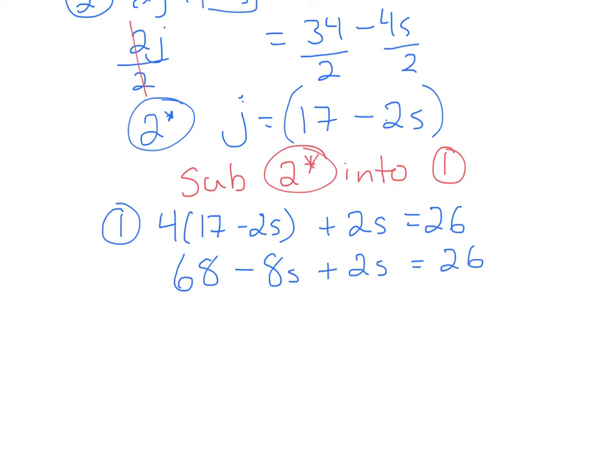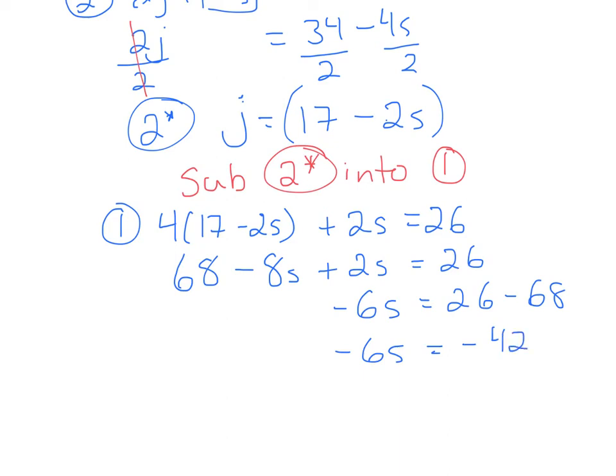I'm going to bring 68 all the way over and collect like terms. Negative 8s plus 2s gives me negative 6s, and I have 26 minus 68, and that gives me negative 42.